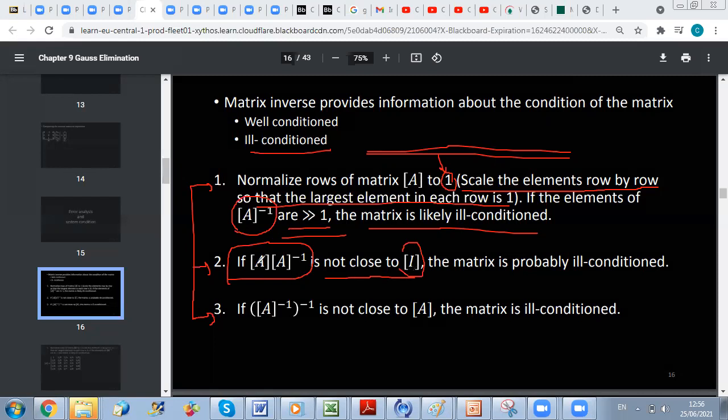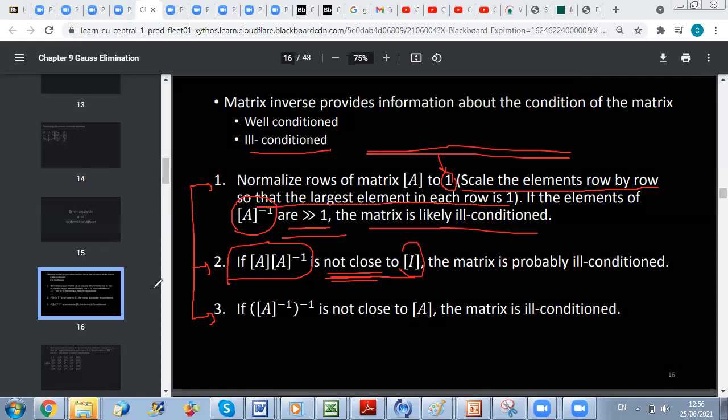If I get something acceptably close to I, I can say it's well-conditioned. Now, if I'm getting something that is very far from I, I have a very ill-conditioned matrix. And as I told you, you can compare the illness of matrices by the degree to which it is close or not to I.